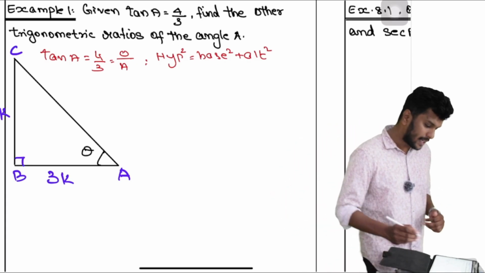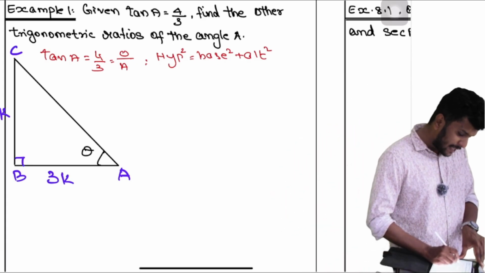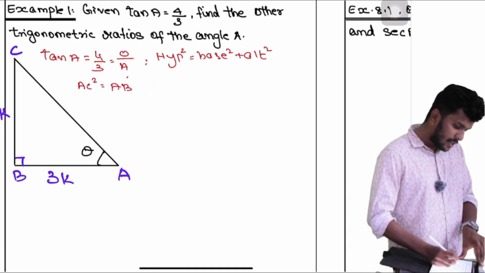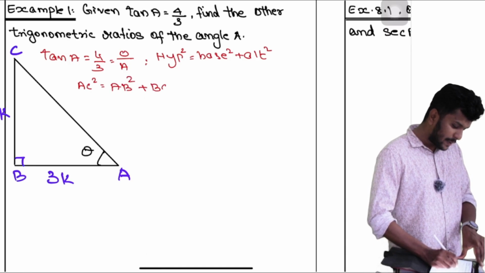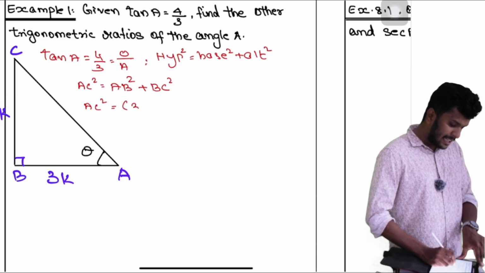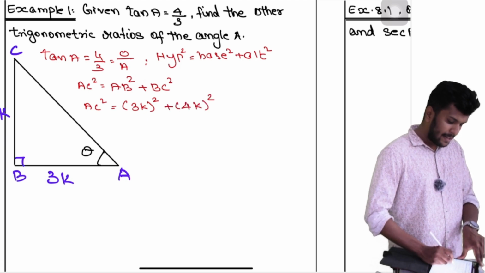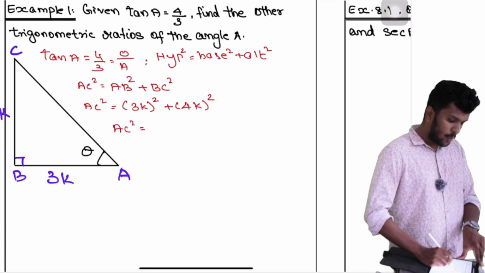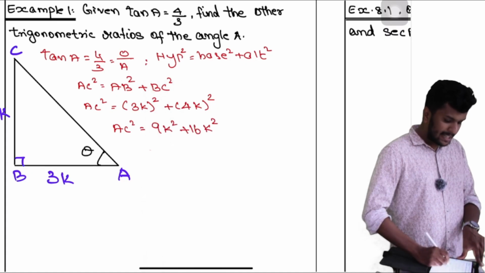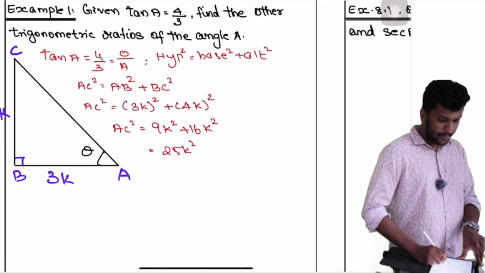So from here, what is the hypotenuse? You can write AC square for the hypotenuse, AB square for the base, BC square for the altitude. So AC square equals 3k the whole square plus 4k the whole square. So AC square equals 9k square plus 16k square, that is 25k square.